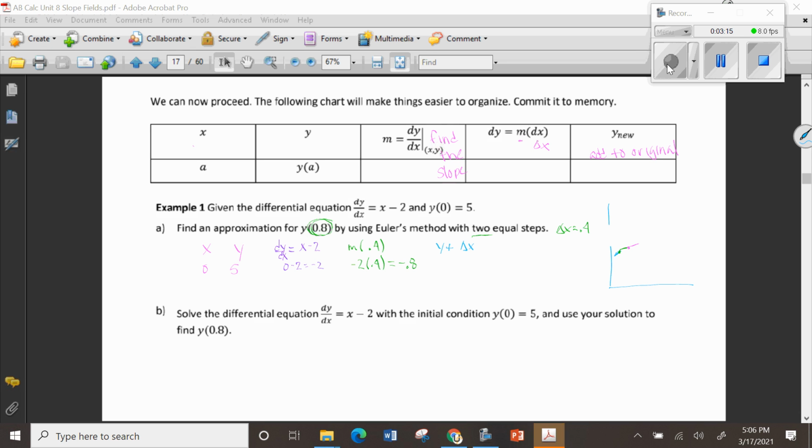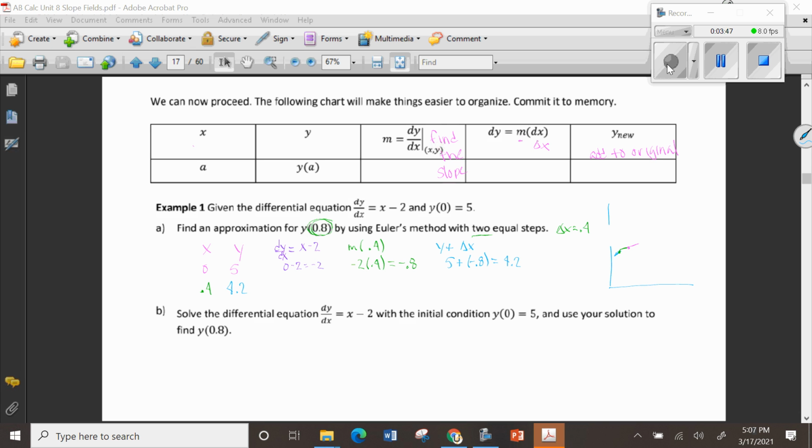So I have 5 plus that negative 0.8, and that's where I get my new y, which is 4.2. In the next level, I went a space of 0.4, so I am now at x equals 0.4, and I know that my new y value there is 4.2.